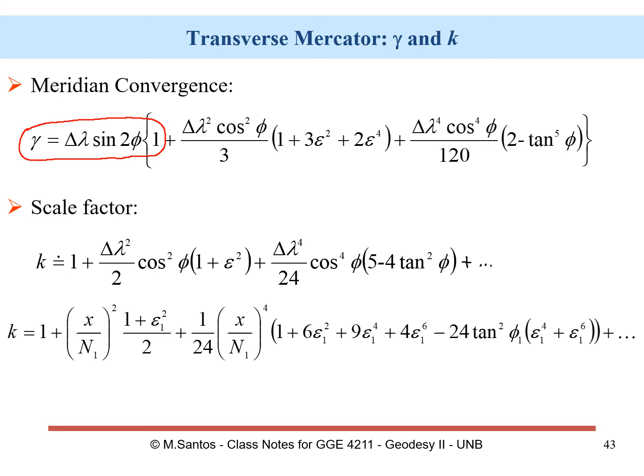For the scale factor, we can also use this term here for a quick evaluation. Okay, but anyway, what we are seeing here are the expressions for this transverse Mercator, and to go from transverse Mercator to universal transverse Mercator we are just a click away. It's just a detail.